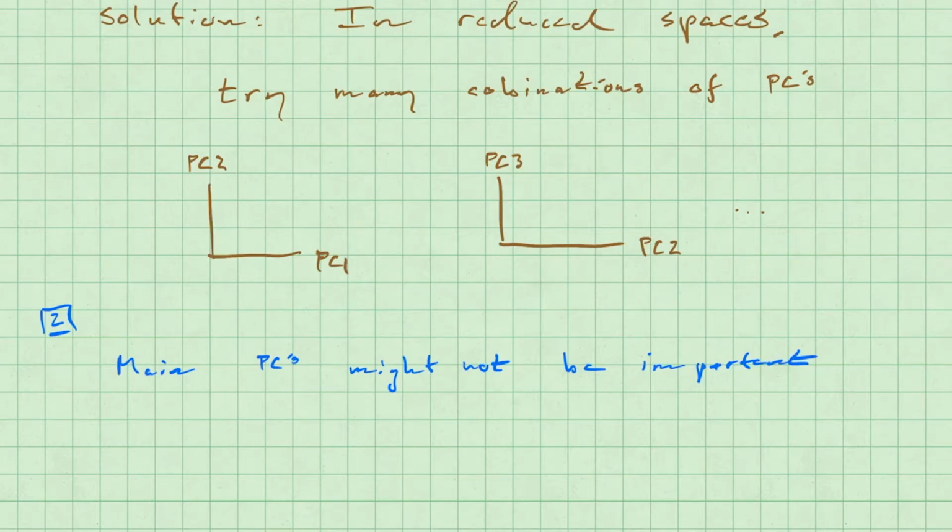There are sort of two ways it could be that they're not important. One way, for example, PC1 might be boring. Something that's already known.